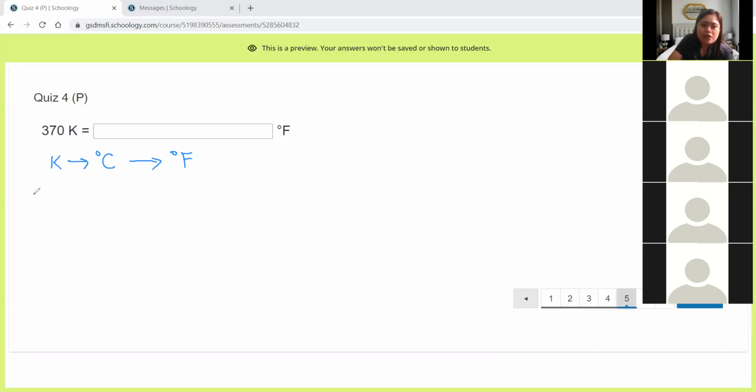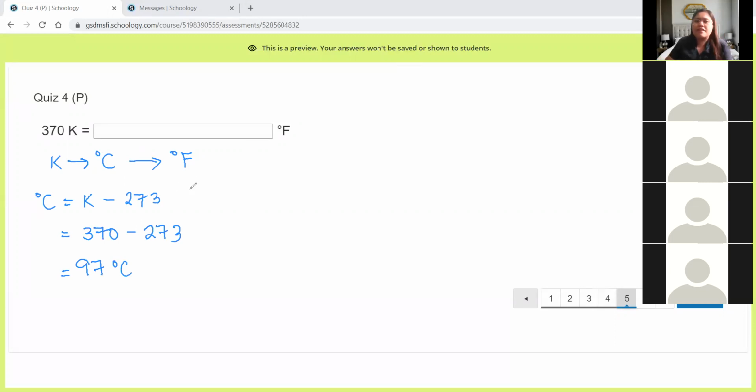Our formula here: degrees Celsius is Kelvin minus 273. So the given is 370 minus 273, which is 97 degrees Celsius.